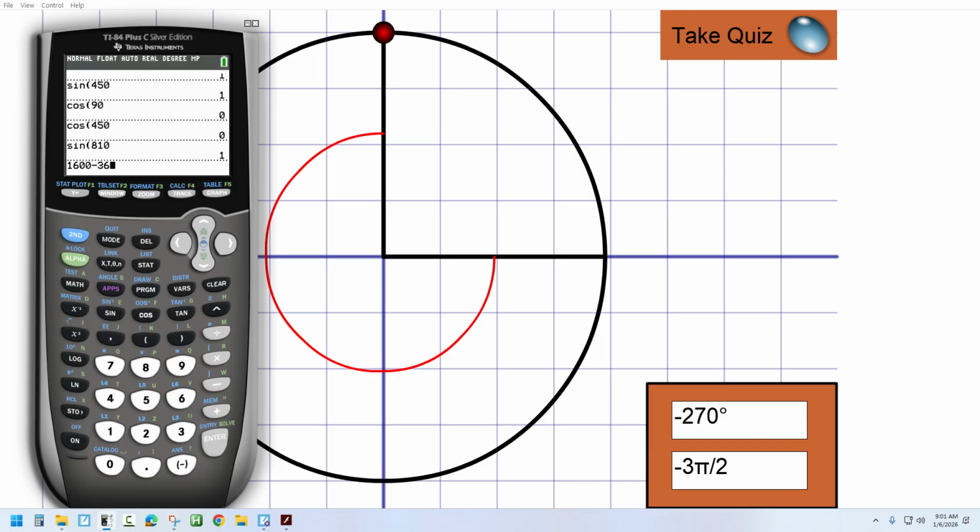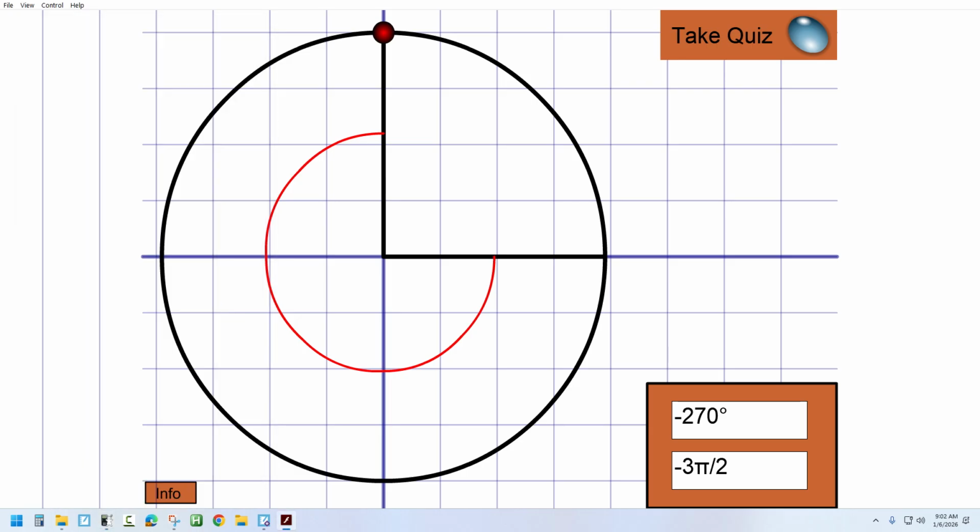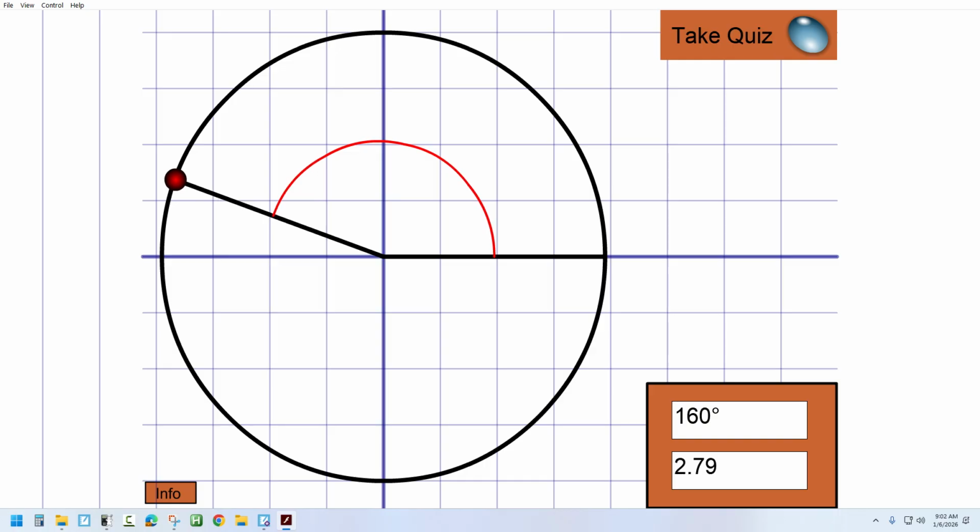If I subtract 360 and keep doing it a bunch of times, 1240 minus 360 minus 360, eventually I get an angle that's small enough that I can visualize in my head. 160 is something I can think about. I know 180 is a straight line, so 160 is right over here somewhere. But 1600 was too big.